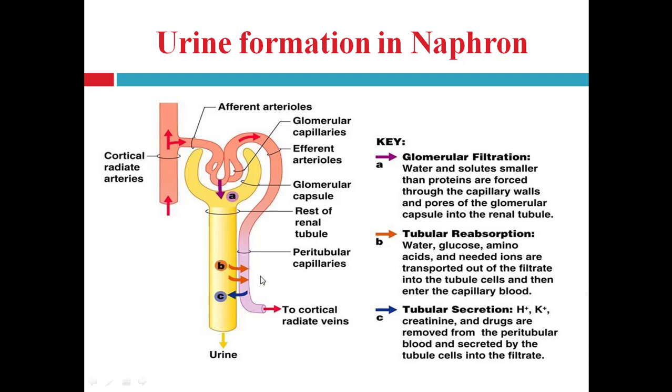See here, B step is denoted, this is the reabsorption, right? That means the absorption of the molecules into the blood vessels or blood capillaries, right? From the renal tubules, some important or essential molecules which are filtered through the glomerular capsule are reabsorbed back into the blood capillaries, right, and enter into the bloodstream.